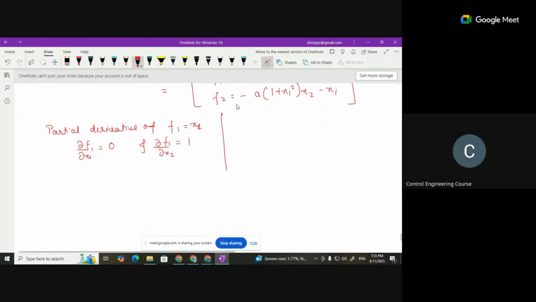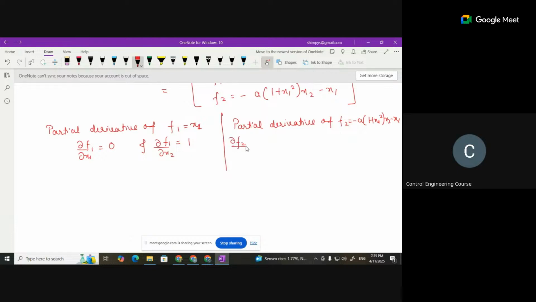Similarly, if I now find the partial derivative of f2, that is minus a times 1 plus x1 square x2 minus x1, what will it be?